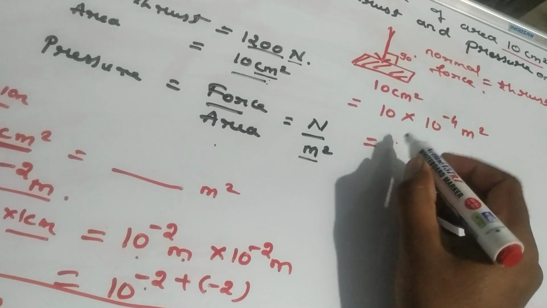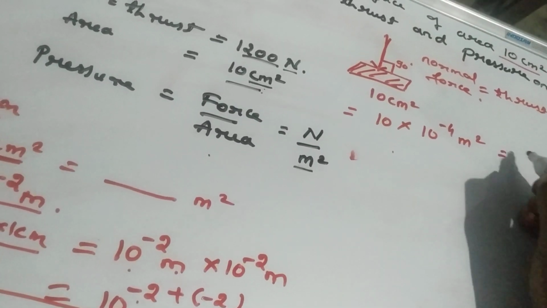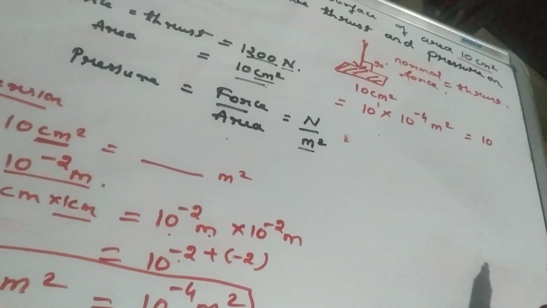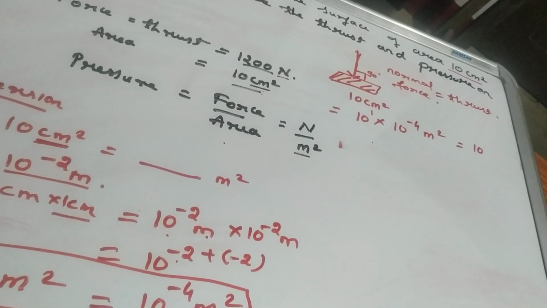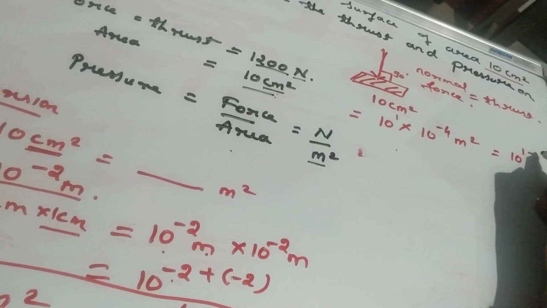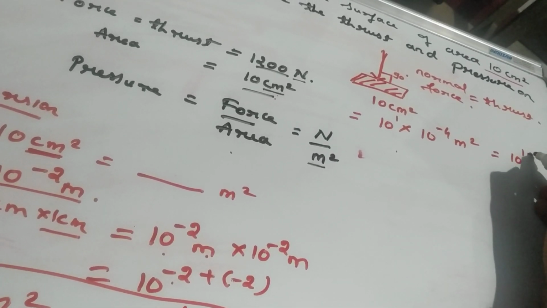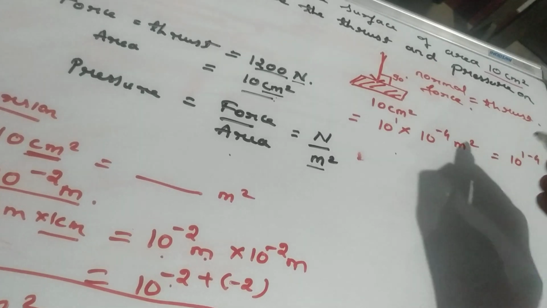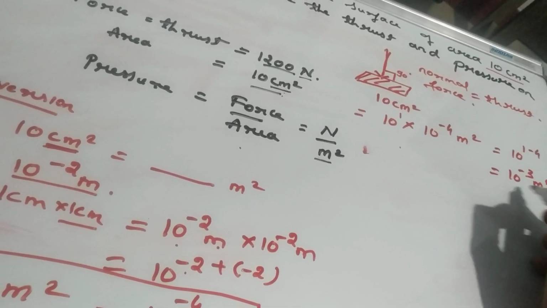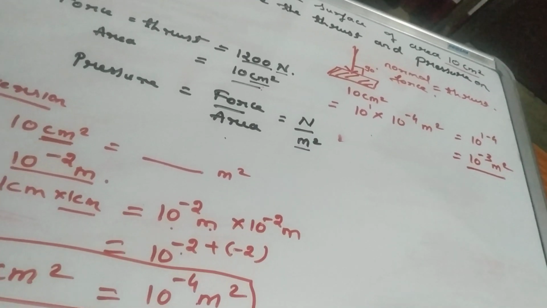Again you apply 10 to the power of a into 10 to the power of b equals 10 to the power of a plus b, here b is minus 4. So that means 10 to the power of minus 3 meter square. You get this conversion.